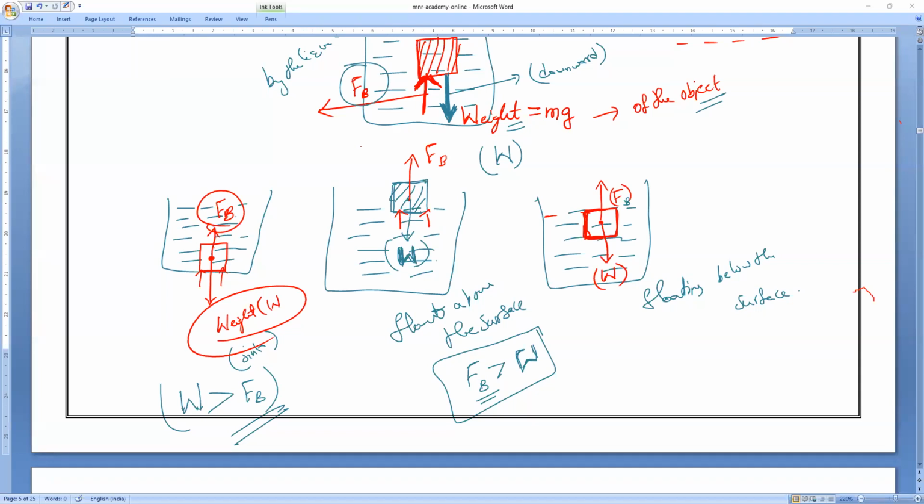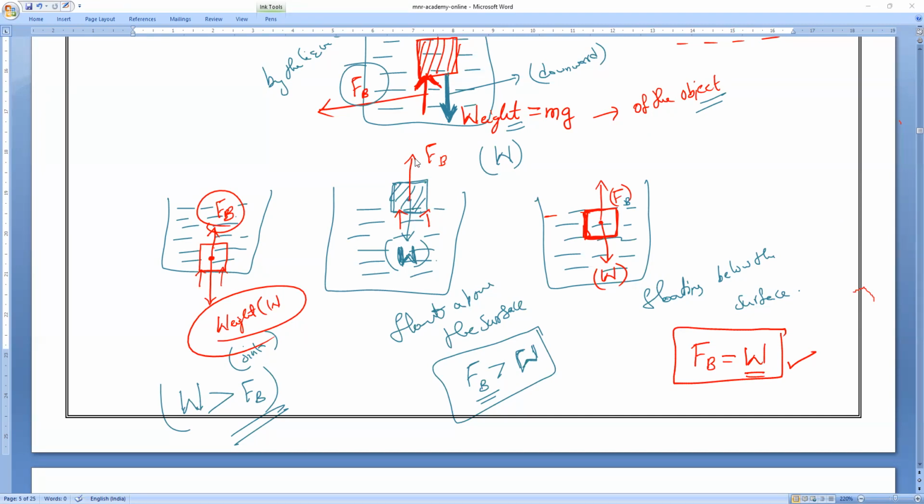So what can you say? Equal. Yes, that is it. So weight of the object is equal to buoyancy force. Then in this case, neither up nor down, it will just float below the surface. That's all you have to remember.